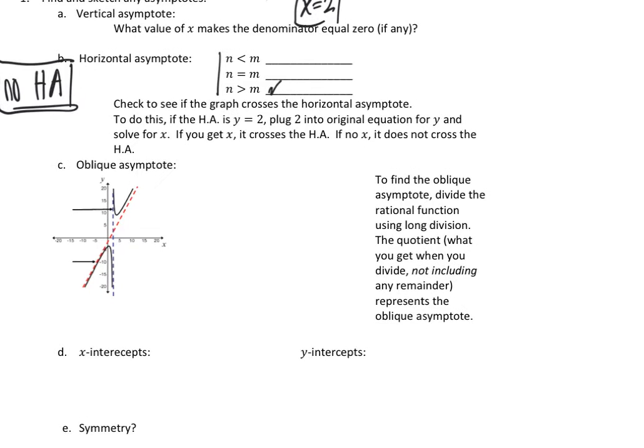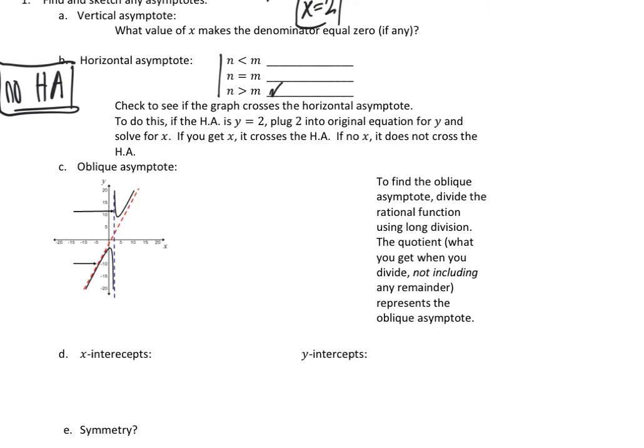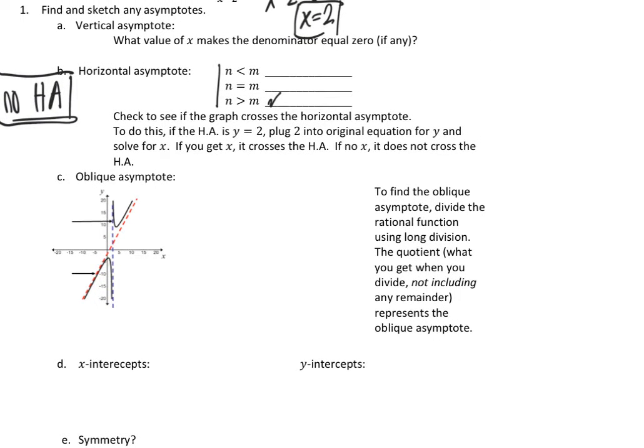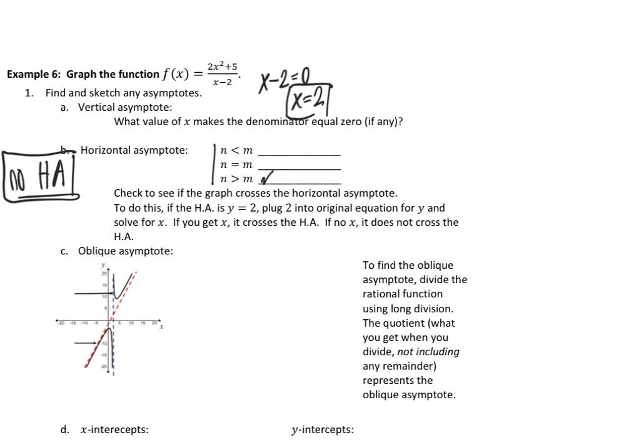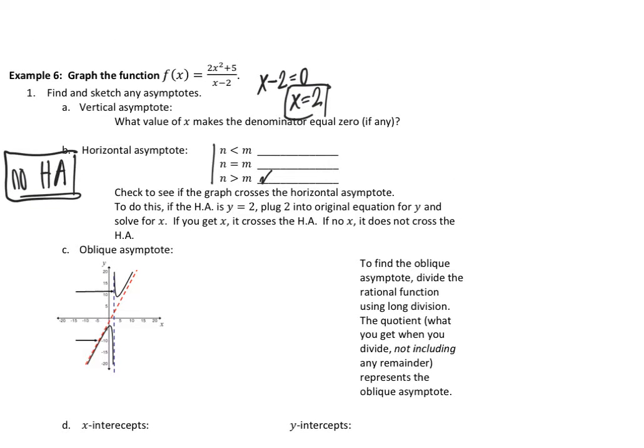That slant asymptote happens when your numerator has a degree of exactly 1 more than your denominator. And this is the case that we have. So I'm going to use long division right here.